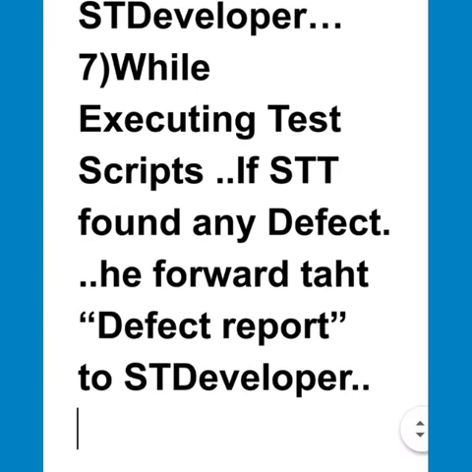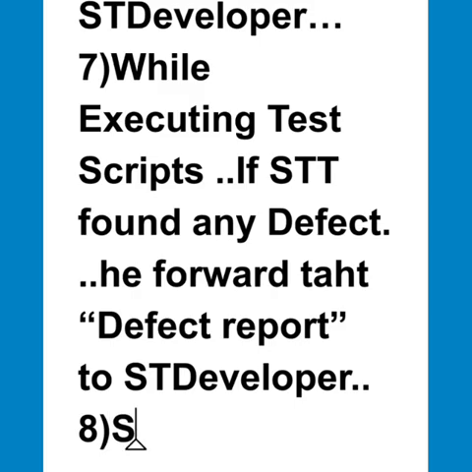As I told in the previous session, once we receive any defect report from the Scrum Team tester, the Scrum Team developer is going to check whether it is a defect or not, means whether it is a bug or not, means he has to accept that defect as a bug. If it is not accepted, then it will be rejected. Again, he has to perform the testing.